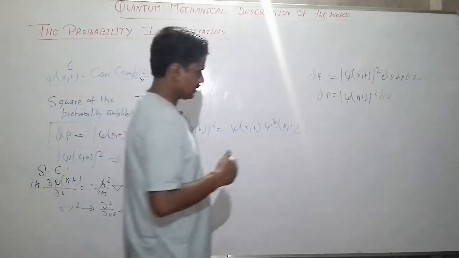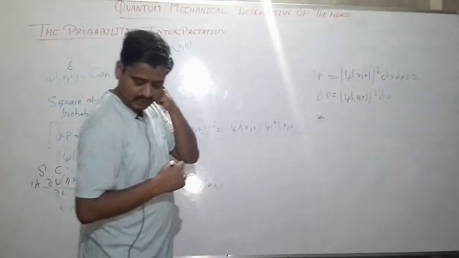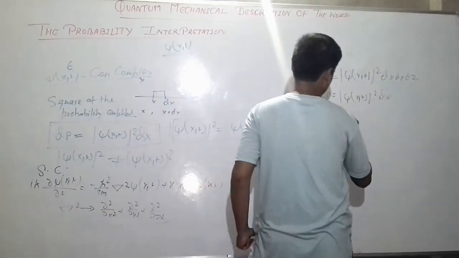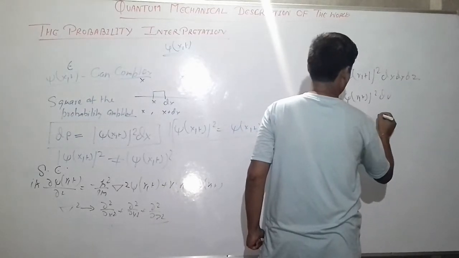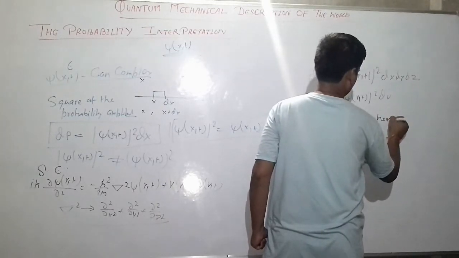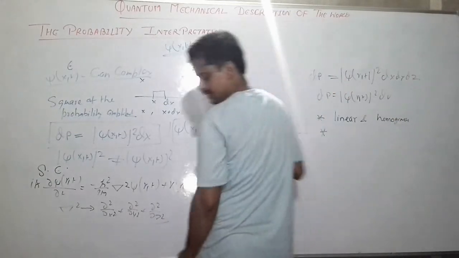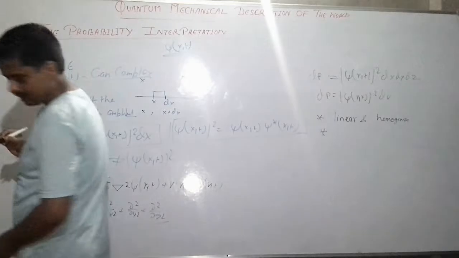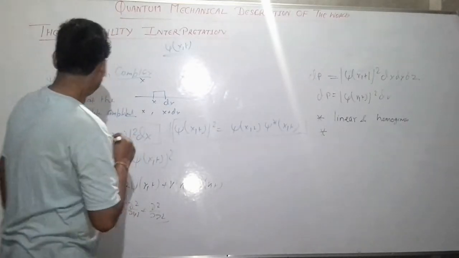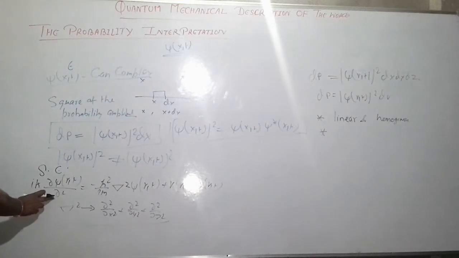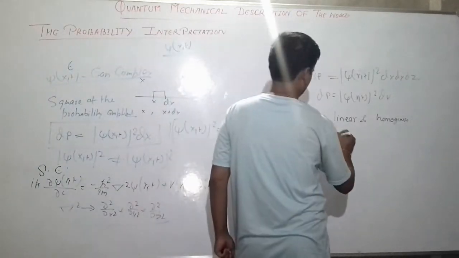Now the Schrodinger equation has two important properties: it is linear and homogeneous, and it is a first order differential equation with respect to time.